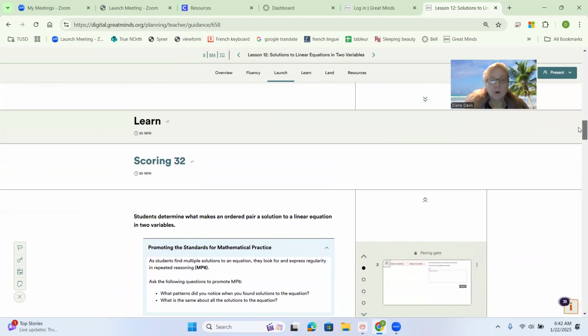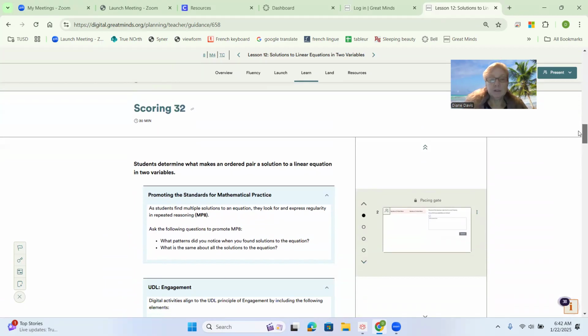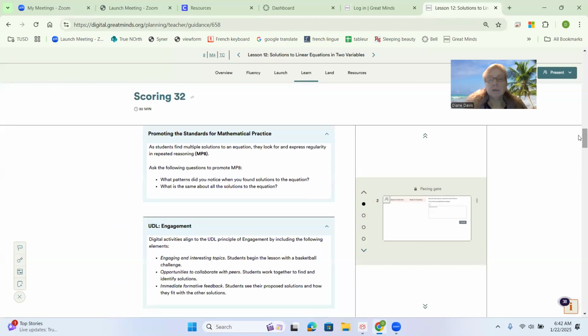So you're going to determine what makes an ordered pair a solution to a linear equation in two variables. Normally, a solution to two unknowns would require two equations. So let's look and see how they're going to do it.